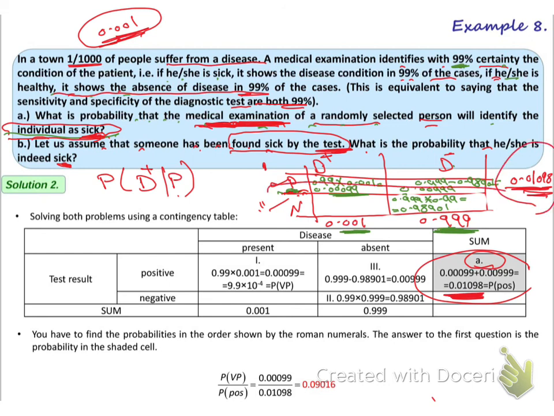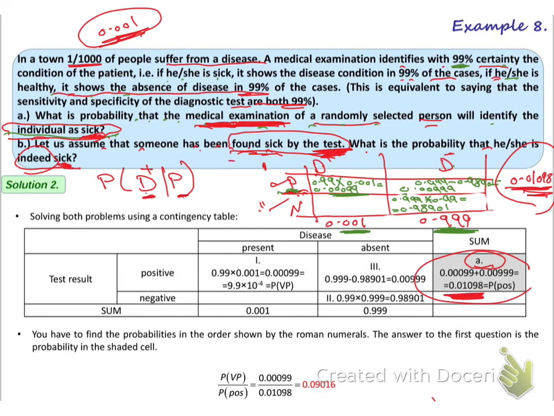Okay, we took the total of the positive. Okay? But here, in this case, he already gave us that he has been found sick by test. So positive, he's already identified as positive by test. Positive or negative. So what is the probability that she indeed in reality has the disease? That's why we put disease, positive, okay?